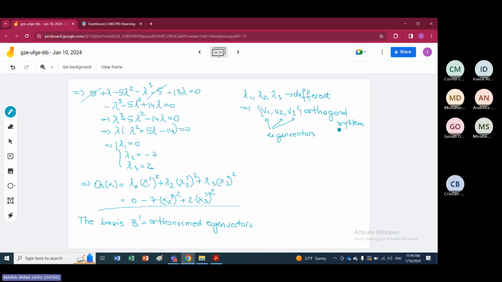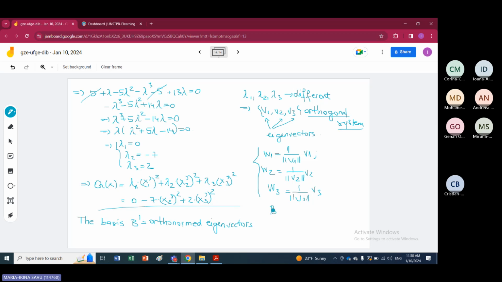So after you find the eigenvectors, having already an orthogonal system, all you need to do is to divide each vector by its norm. So W1 will be 1 over the norm of V1 times V1. W2 will be 1 over the norm of V2 times V2. And W3 is 1 over the norm of V3 times V3.